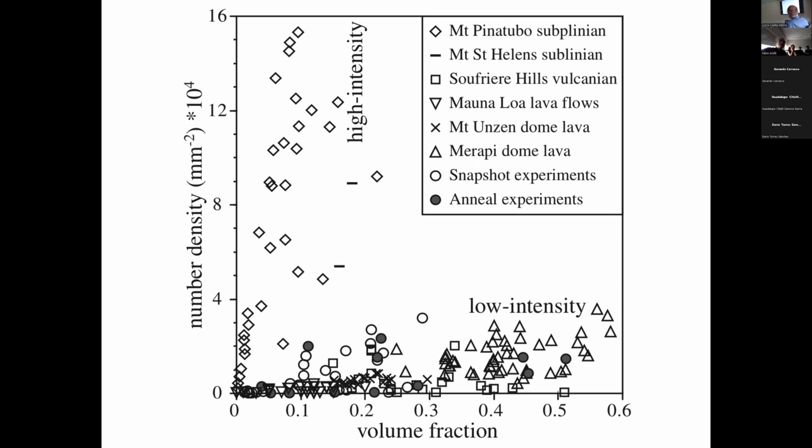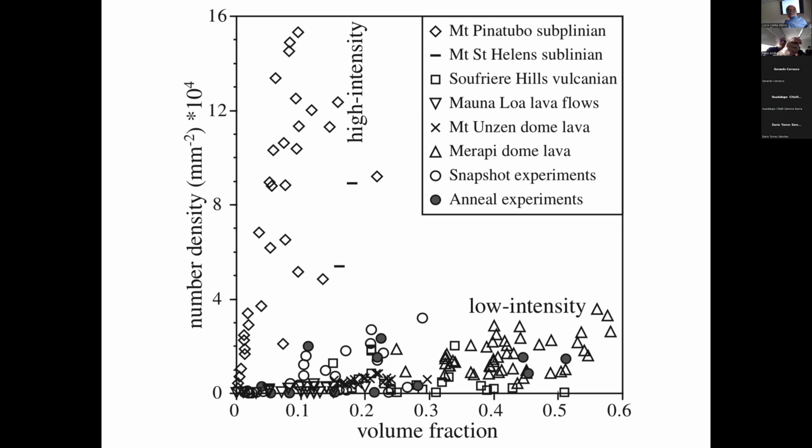And as you can see, Mount Pinatubo is here, high intensity explosions, so dominated possibly by large undercooling, forming a lot of nuclei. They don't grow too much compared to other eruptions that are possibly less explosive or of lower intensity.